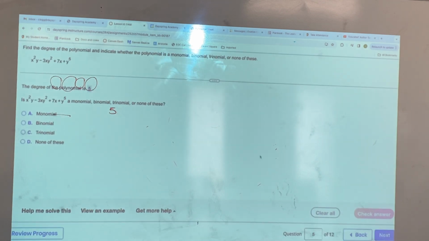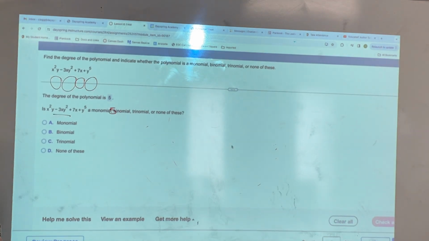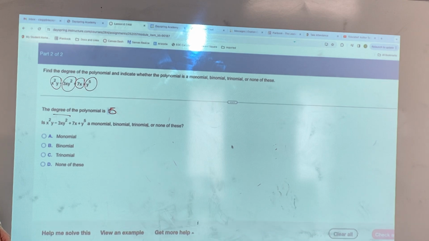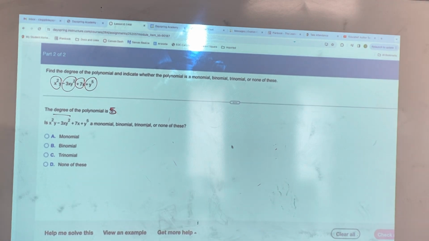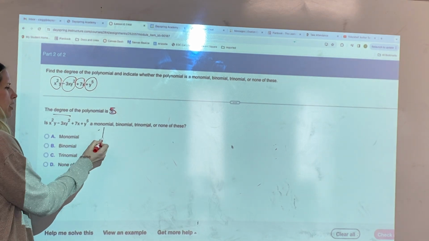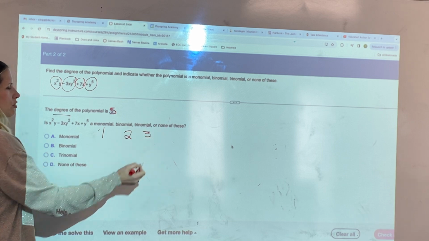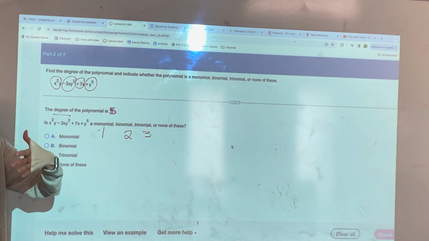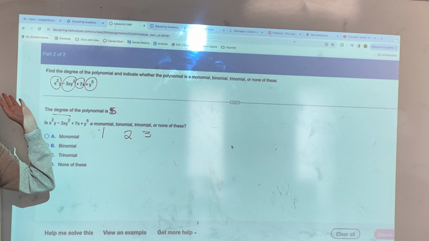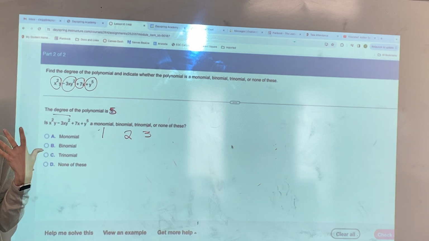It's my biggest fear. Is it a monomial, a binomial, a trinomial? Well, when I circled the terms, I circled 4 terms. So it's none of these. Monomial is 1 term. Binomial is 2 terms. Trinomial is 3 terms. Anything greater than 3 terms is simply called a polynomial. It doesn't have a special name.